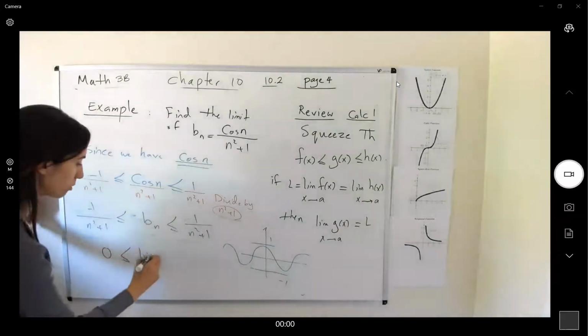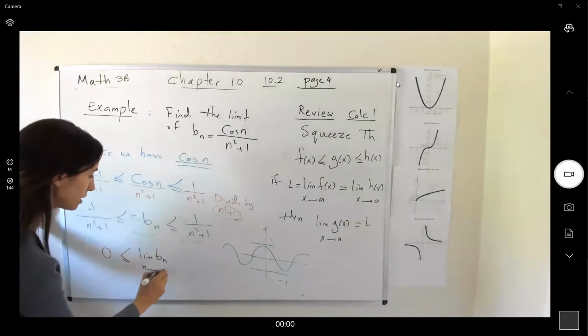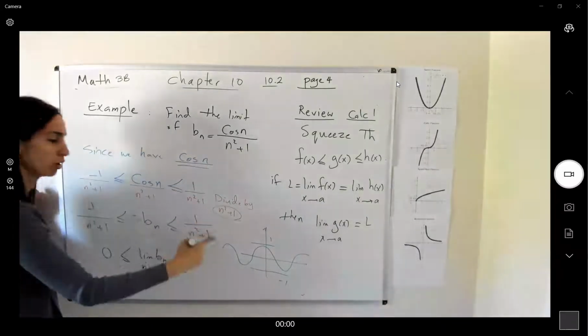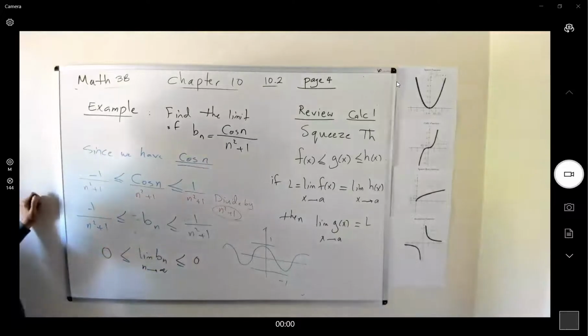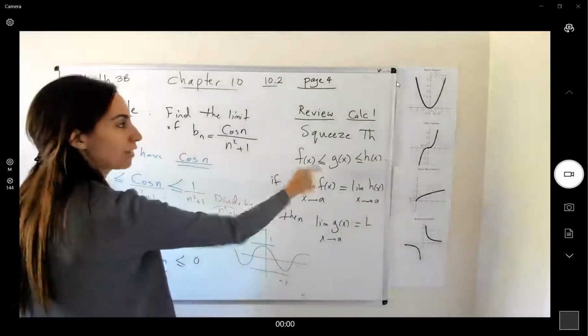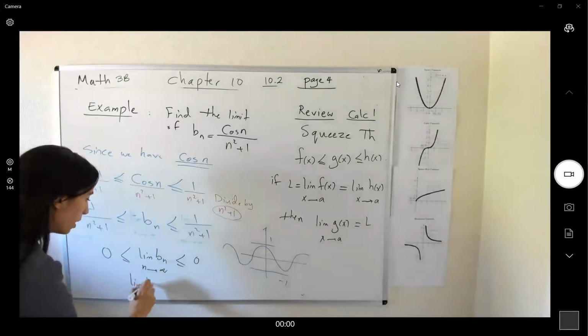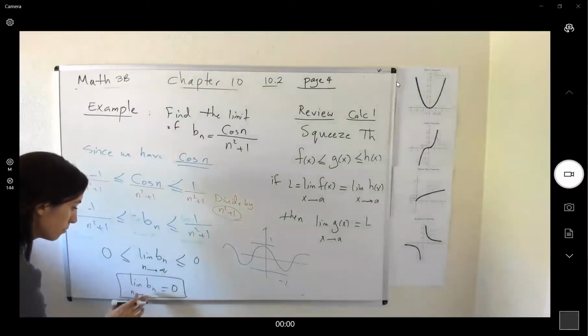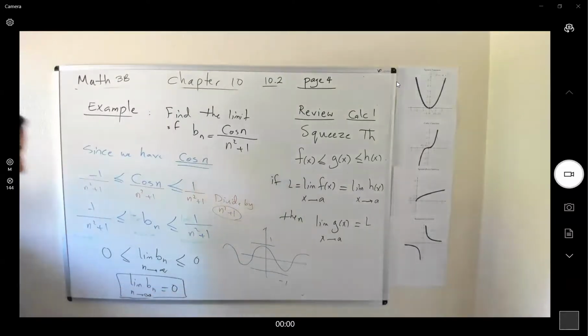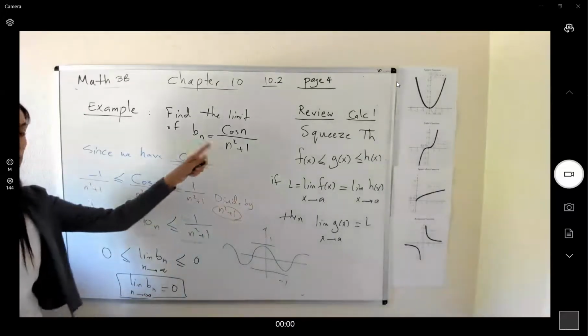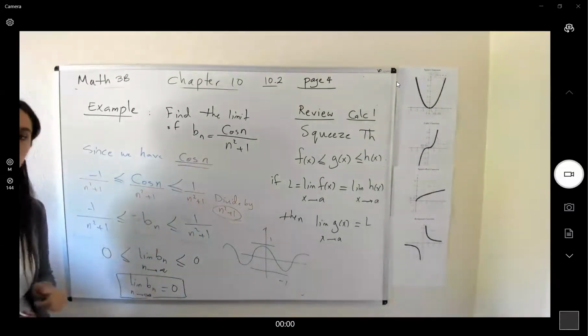You don't know the limit of Bn, so you copy this down, and you know that the limit of 1 over infinity is 0. Using the sandwich or squeeze theorem, the limit of Bn must be 0. So your sequence is convergent to 0.